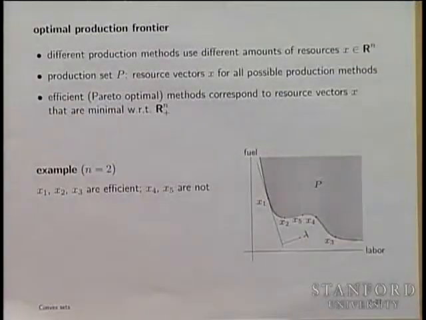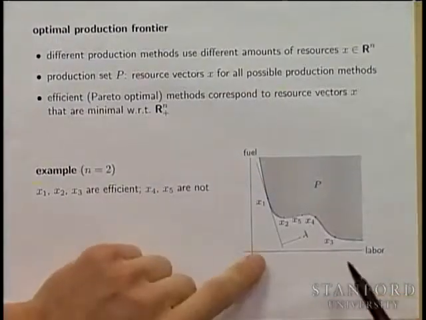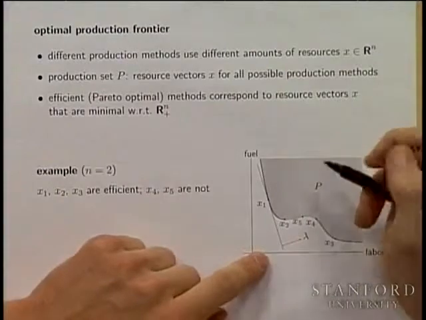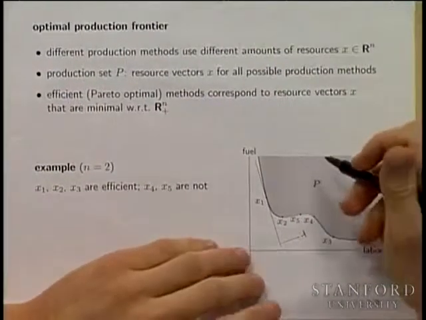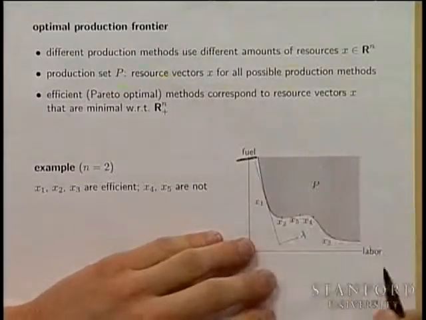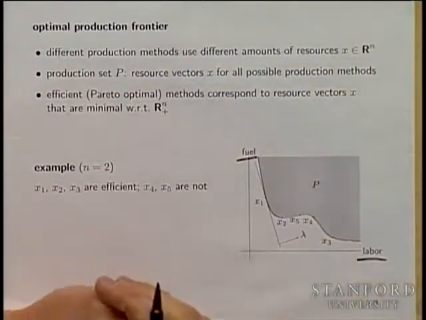Okay. So last thing today is what we call the optimal production frontier. You've probably seen this before, especially in 263 where we talk about it with a very simple production frontier. And here's what it says. P is a set of possible production methods. On this axis we have fuel, and on this axis we have labour.